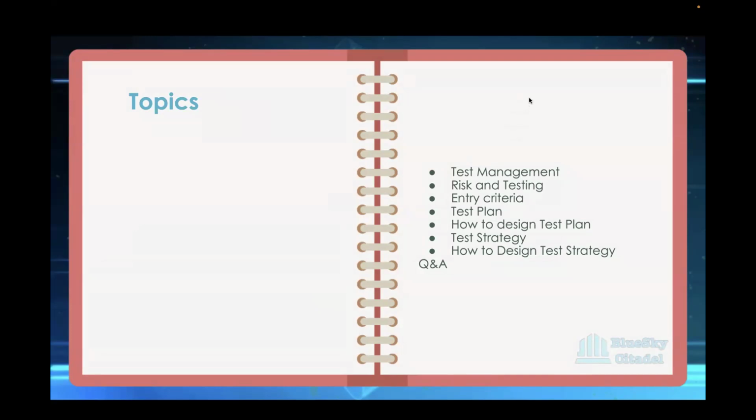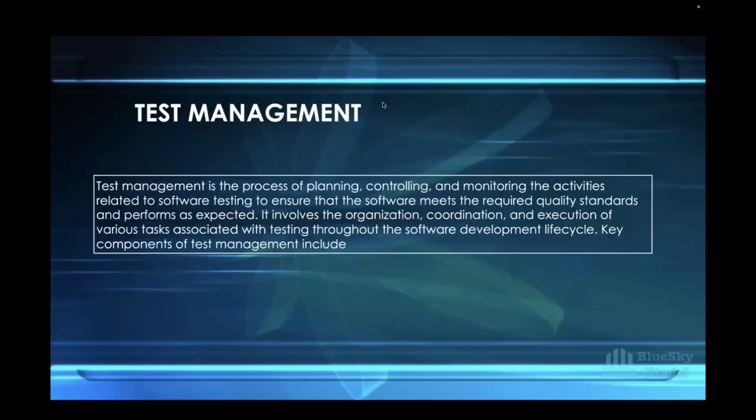We'll also be looking at how to design a test plan. We'll be looking at test strategy, and how to design a test strategy. Then after, you can bring in your questions and we'll try as much as possible to give you the answers you want.